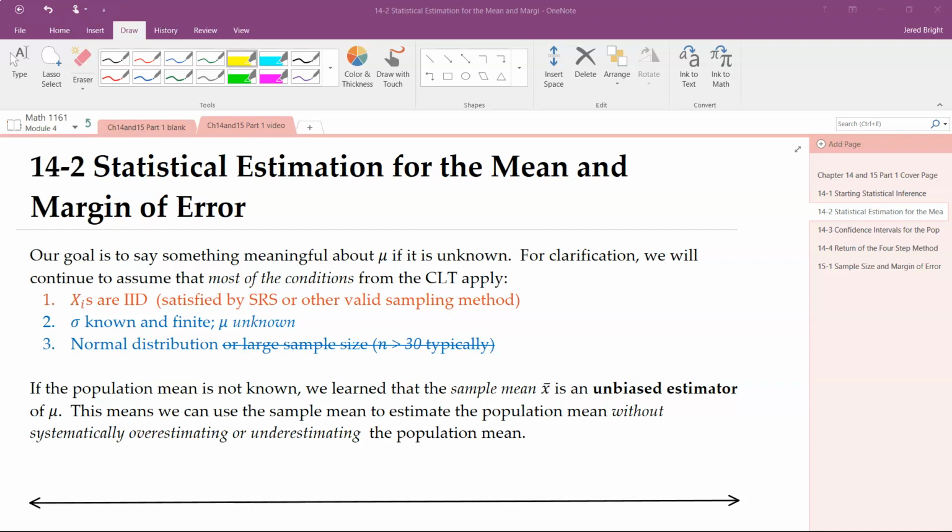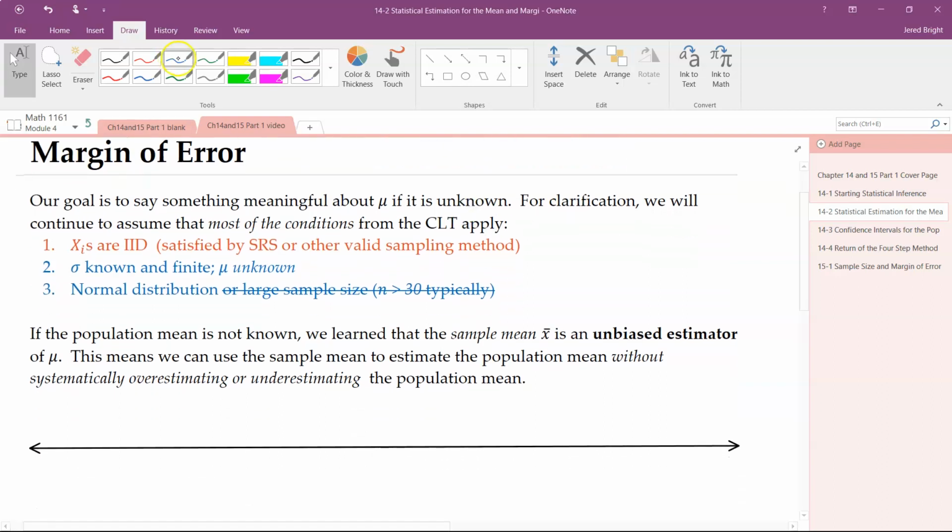Okay, so now where do we begin? You might imagine that our goal is to get at this unknown population mean mu, and I just put it on the number line randomly. Back in chapter 13, we had discussed that the sample mean is what we call an unbiased estimator of mu.